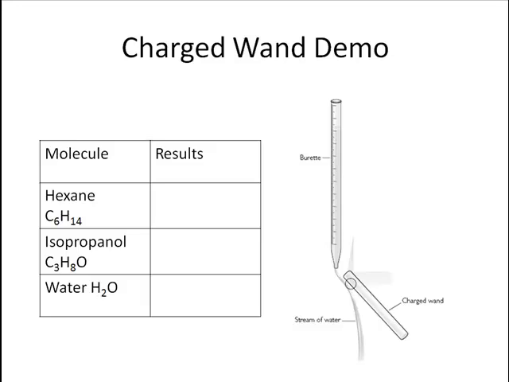Alright, so let's test the last one here. Hopefully we can get lined up on this again. So this one is isopropyl alcohol. Try to reach over, see if I can reach it.